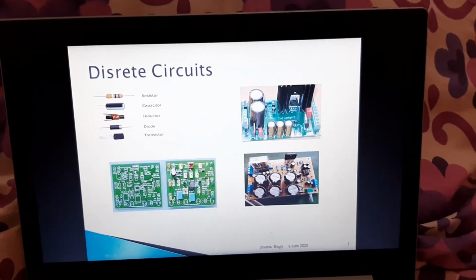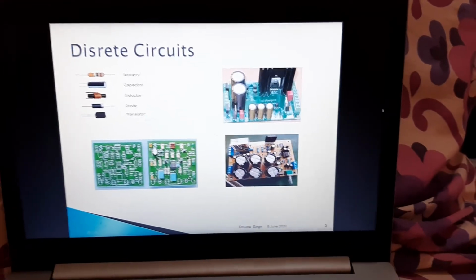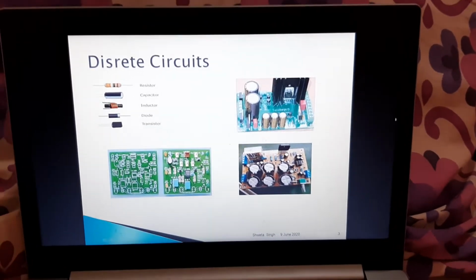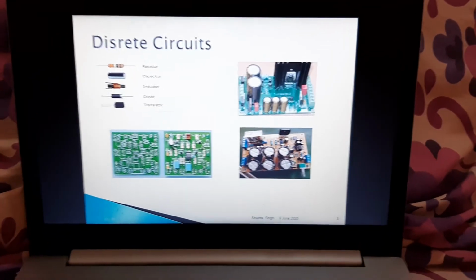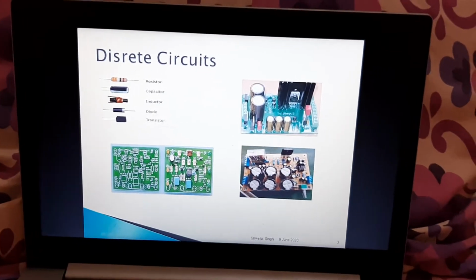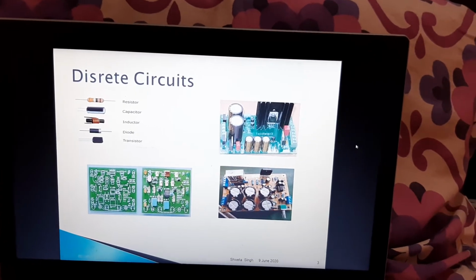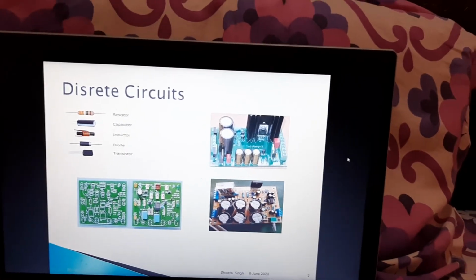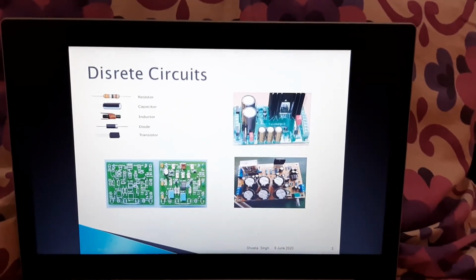In this, the components can be replaced and therefore it is very effective. If one capacitor gets damaged, then it can be replaced because it is soldered from behind, so it can be desoldered and replaced.